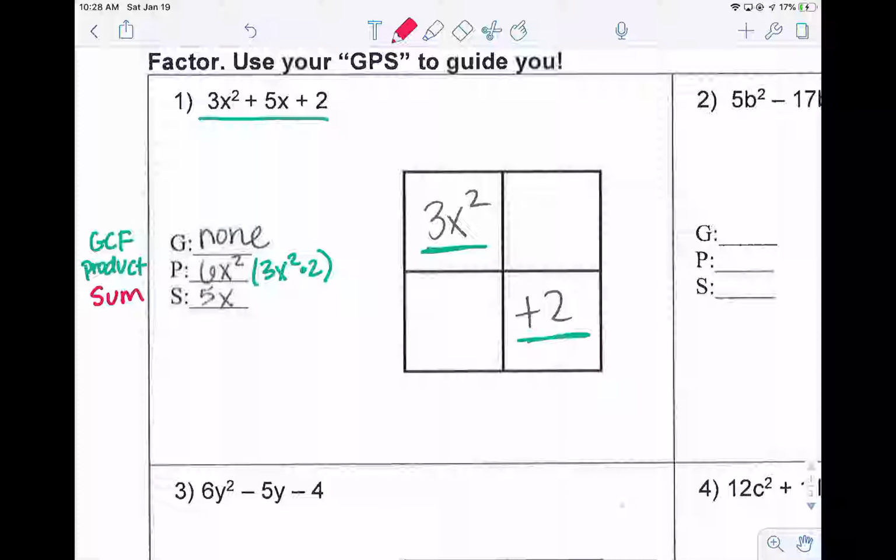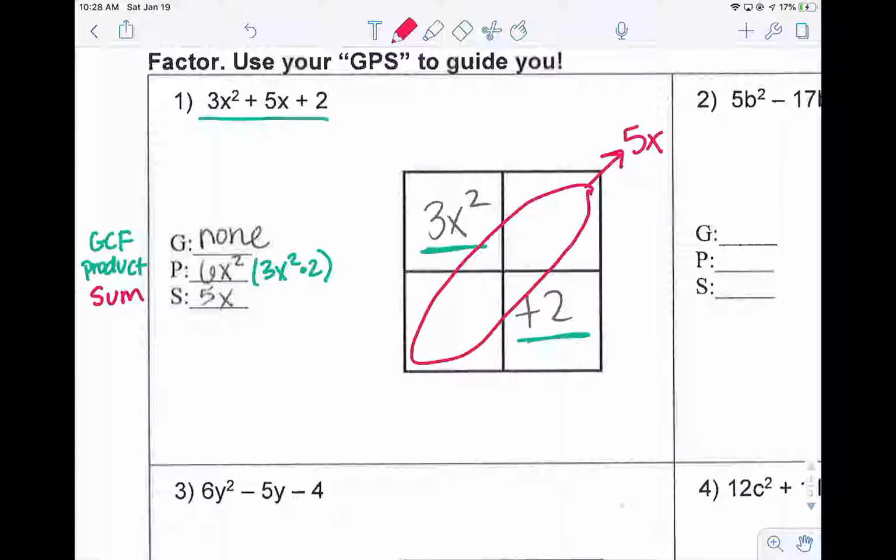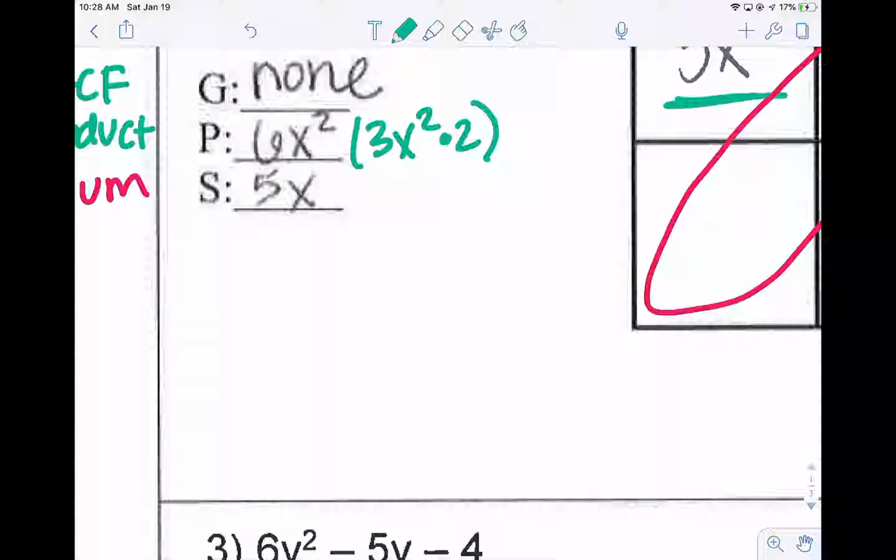If you remember, when we multiplied, we got 3x squared. There were two terms here that we added to get a total of 5x, and so we need to figure out what those products are, and then a 2 that was at the end. So the way that we figure out what fits in the box is we take our product of 6 and we write out all of the ways that we can get to 6.